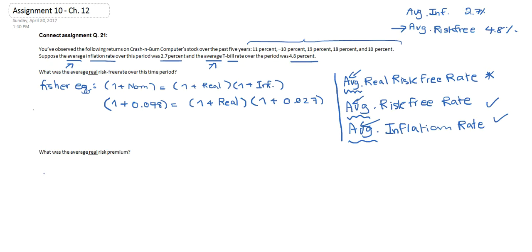Now come to the second question. You were asked to find the average real risk premium. So in order to find it, let's start from the risk premium first.